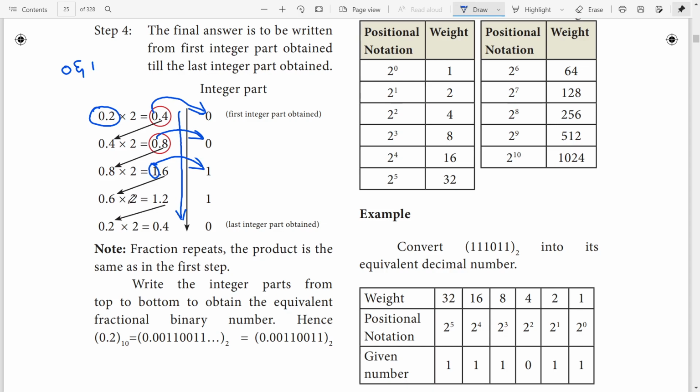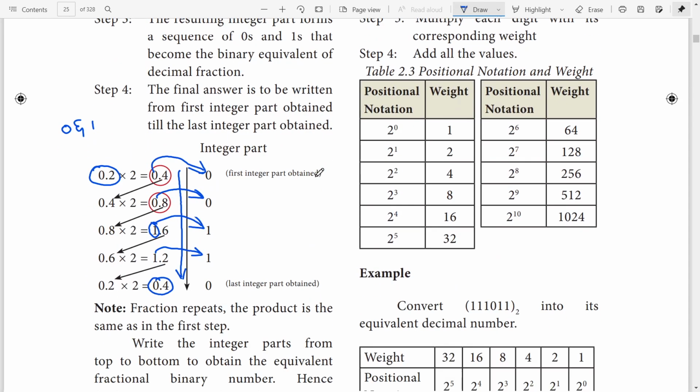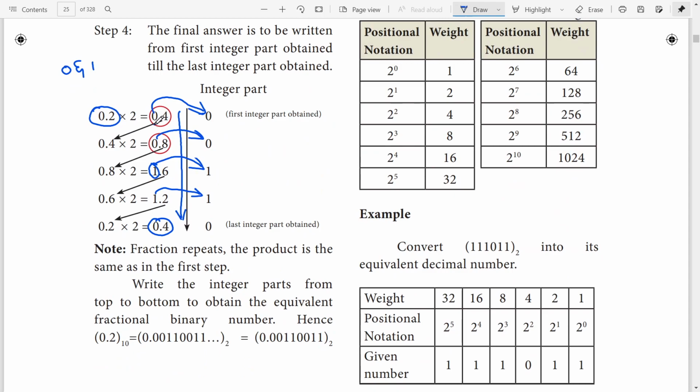Again you multiply it by 2. So 1.2, 1 has to be written here, and 0.2. So the process will repeat, right? You have to stop here. That is what they have said: repeat step 1 until the same fraction repeats, until the same fraction 0.4, 0.4.